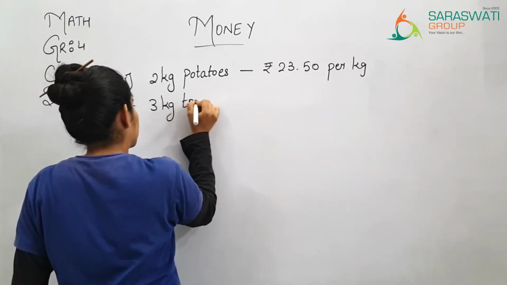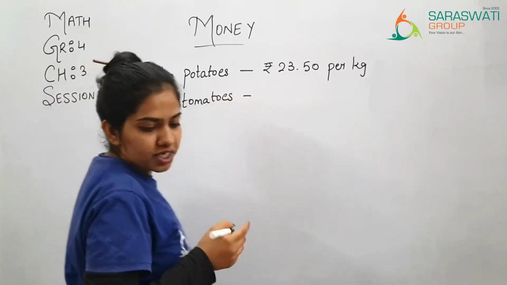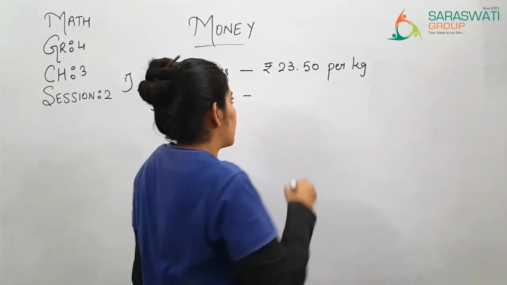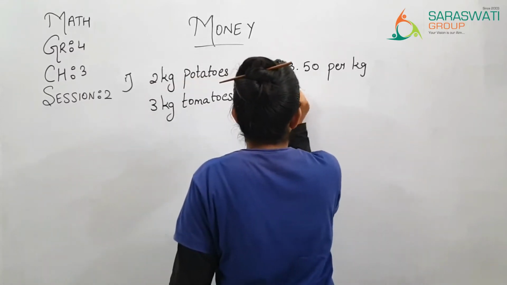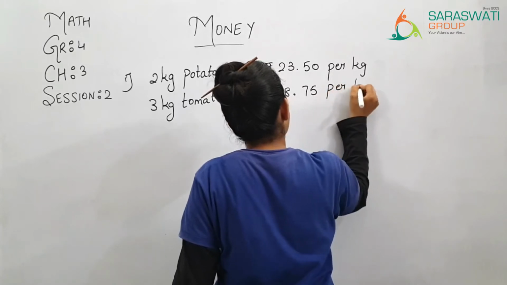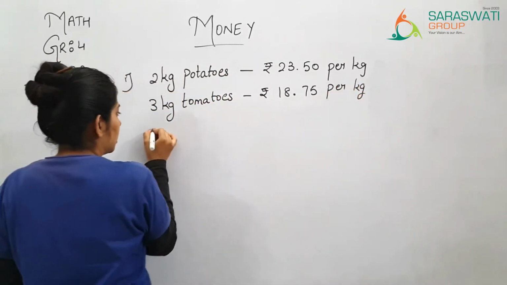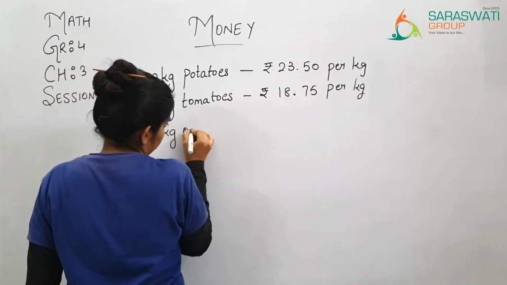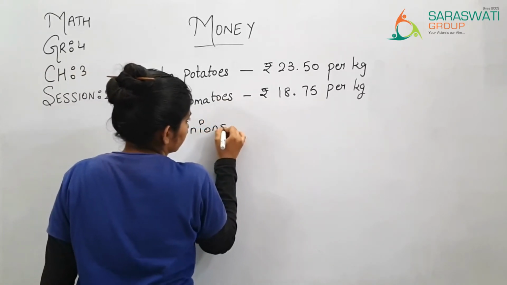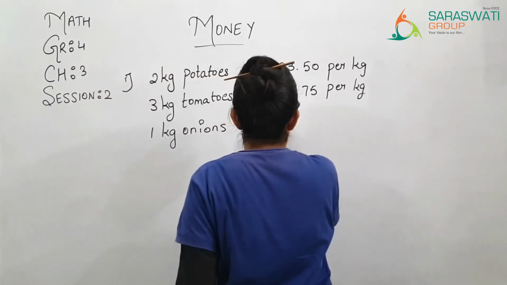And what is the price? 18.75 rupees per kg. Right? Then comes 1 kg onions. And what is the price? 14.50.